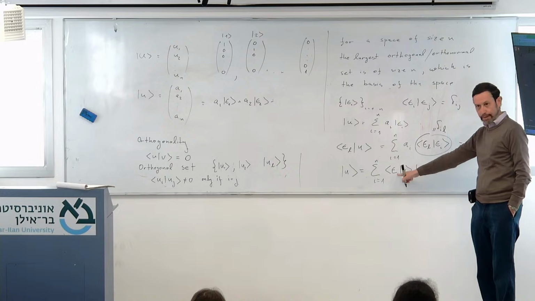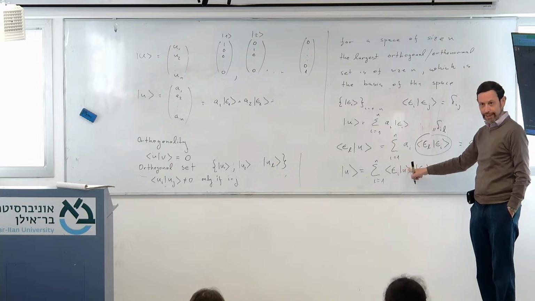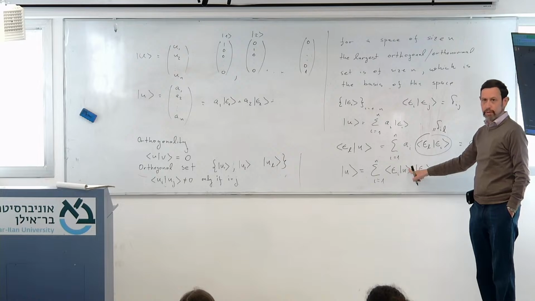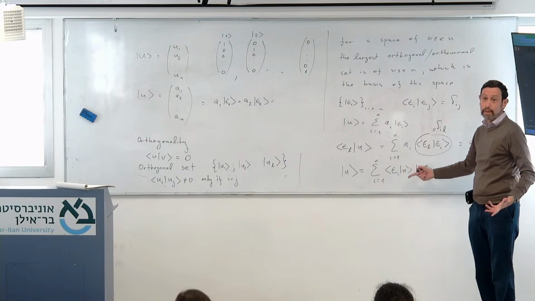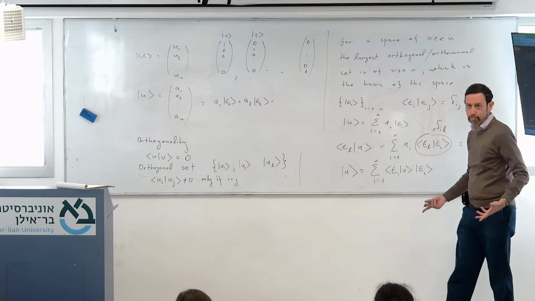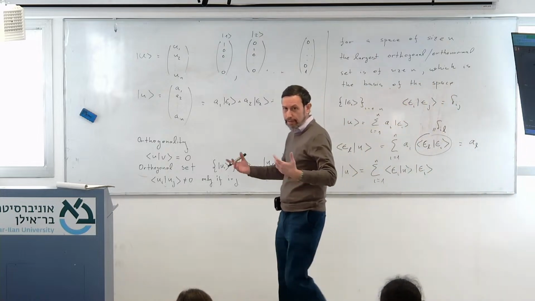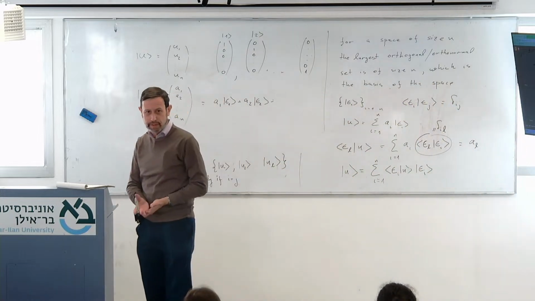Just I explicitly define what the AIs are. Extremely, extremely useful, because what we'll do in a moment, we'll move from one basis to another basis. Because all of them are equivalent, and I'll use whatever is convenient.